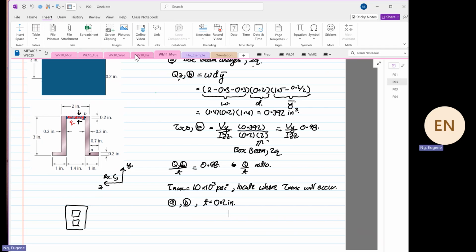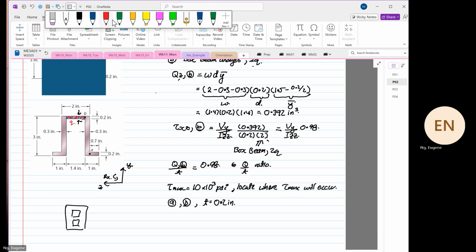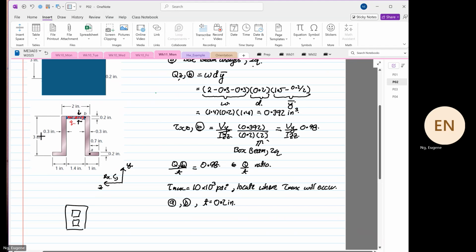And then if I were to draw another line, which is at the centroid, and I'll call this point C, we realize that at point C the thickness now increased to 0.3.